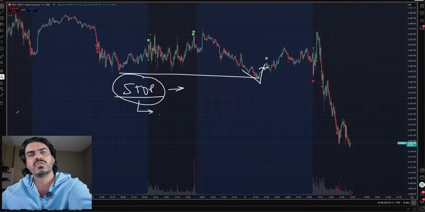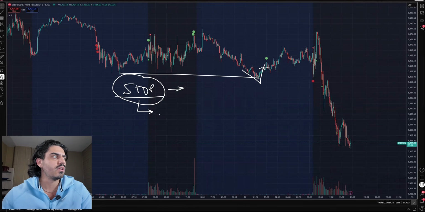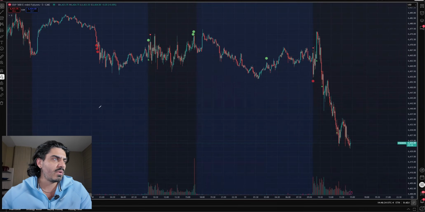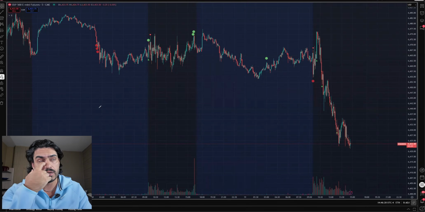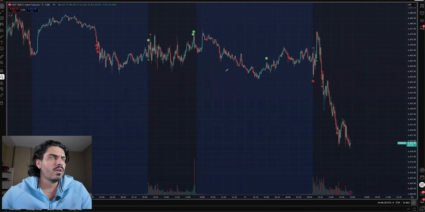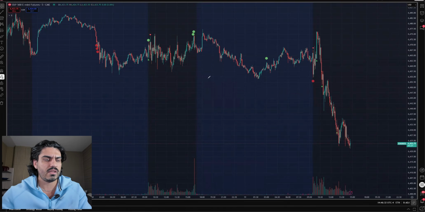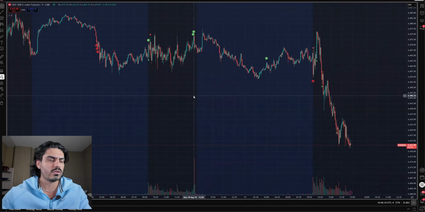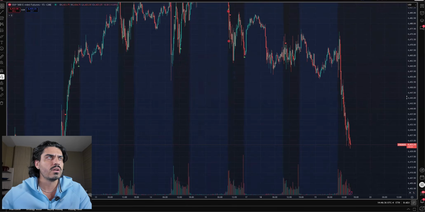So first and foremost, let's talk about major swing highs and swing lows. Generally speaking, you can look at this from a higher time frame, some kind of larger time frame, maybe a 15-minute or a 4-hour, and look at where those highs and lows are.